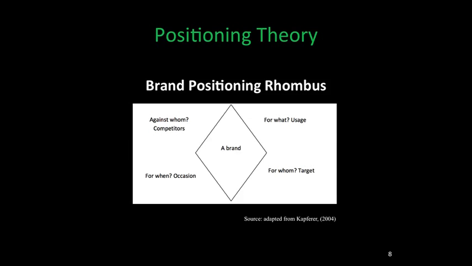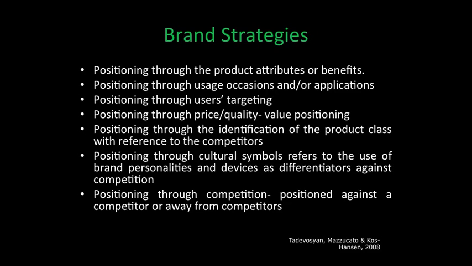However, the framework is very much criticised by a number of academics, Van Riel and Balmer in 1997, and Tavisan, Muzakato and Koshasan in 2008, as being unsuitable within the context of corporate brand positioning, as it fails to recognise the importance of identity. In response to this, these authors identified their own strategic brand positioning model from the resource-based perspective.